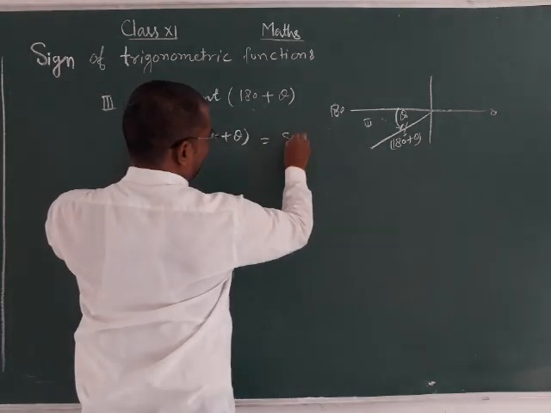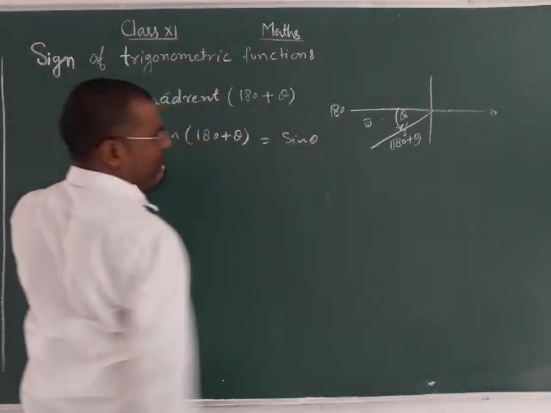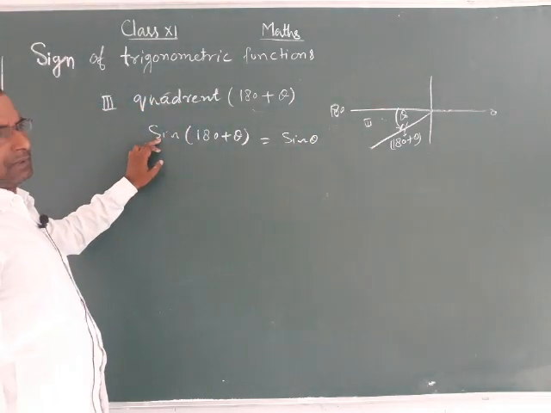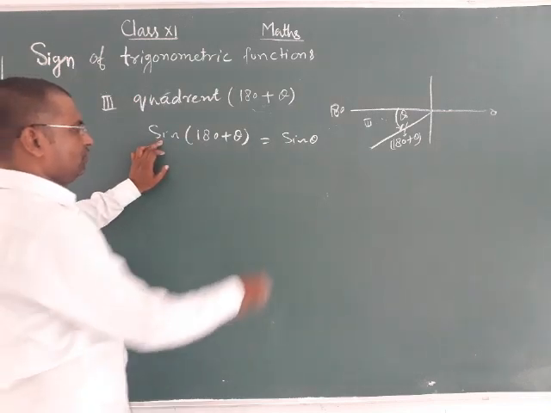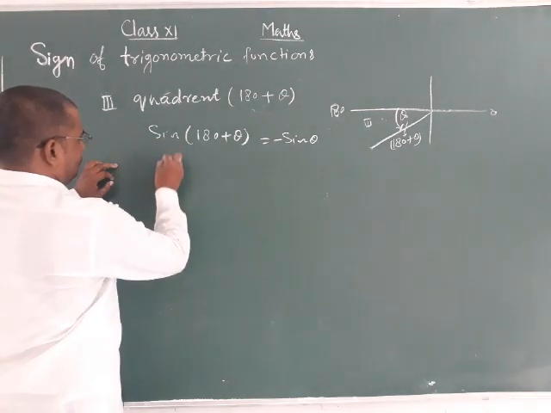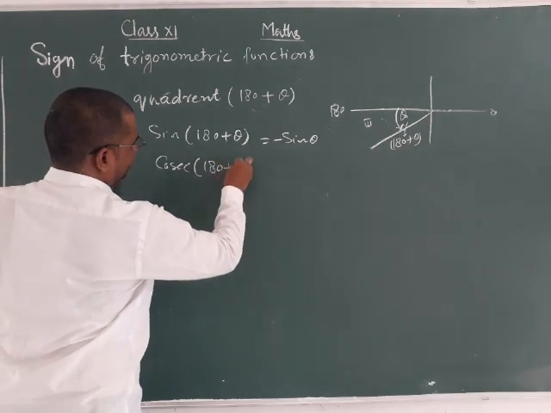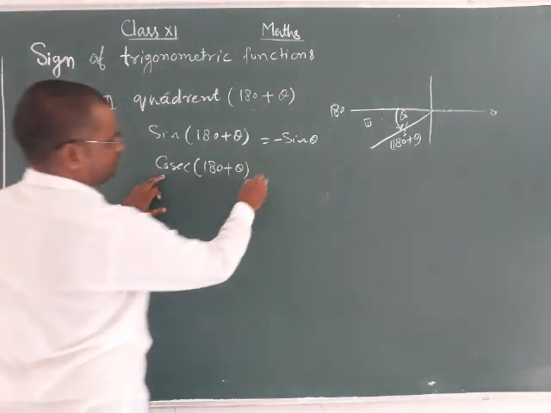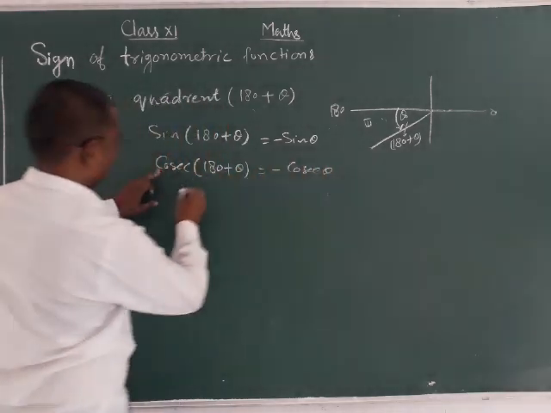In the third quadrant, the tan and cot ratios are positive and the other ratios are negative. So sin(180 plus theta) is negative, and cosec(180 plus theta) is minus cosec theta.